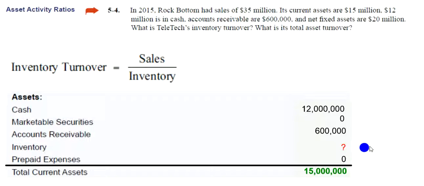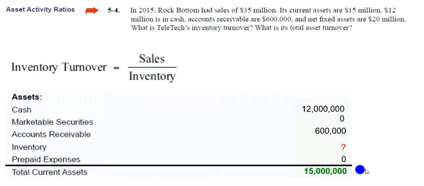So we just need to compute what dollar amount. What we do know is our total current assets, which is 15 million. So we need to know what to add to our cash and accounts receivable to get to 15 million.